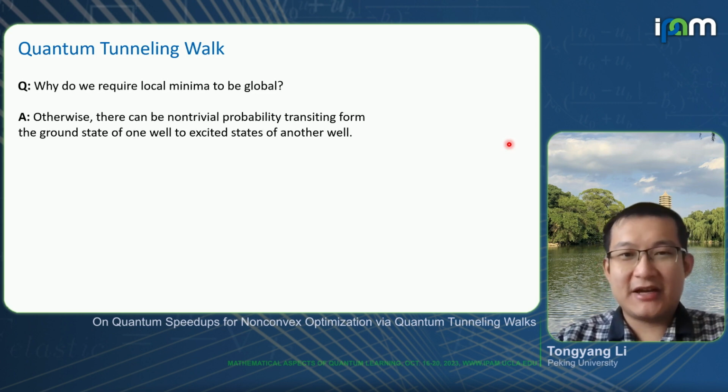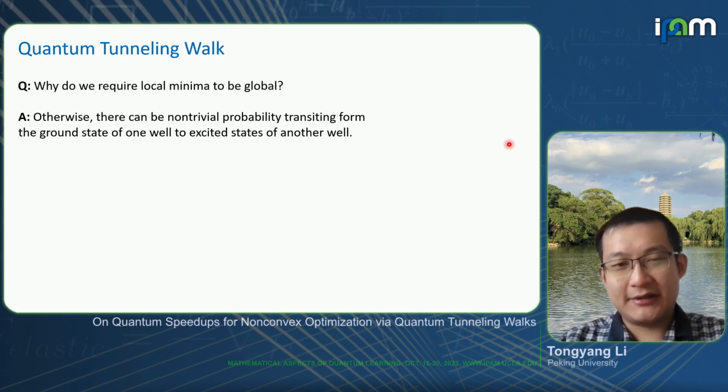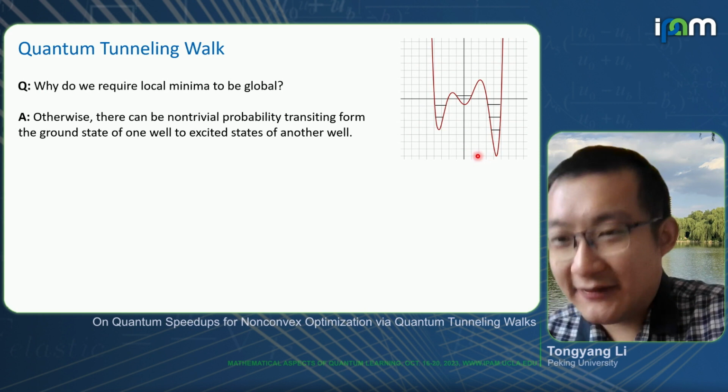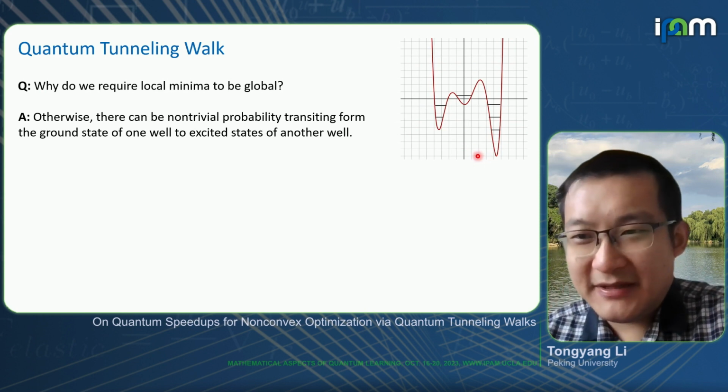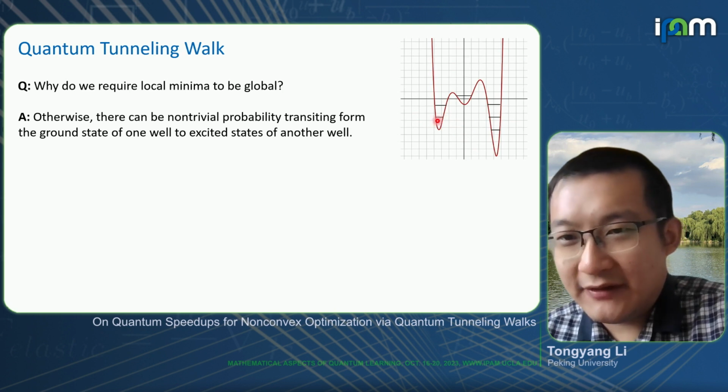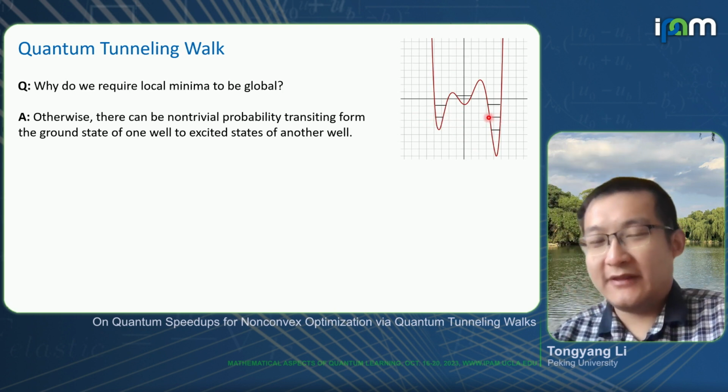Why do we have to make this assumption that the local minima are global? Otherwise, there is some non-trivial math here. Imagine you have such a non-convex function; we are a little short of math to deal with such optimization if, for instance, the ground state in one of the wells is an excited state of the other well.